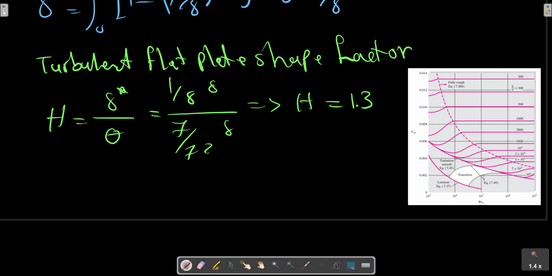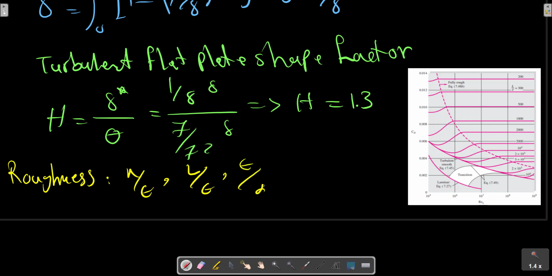The proper roughness parameter here is x on epsilon or L on epsilon, by analogy with the pipe parameter, where for pipe we have epsilon on D.